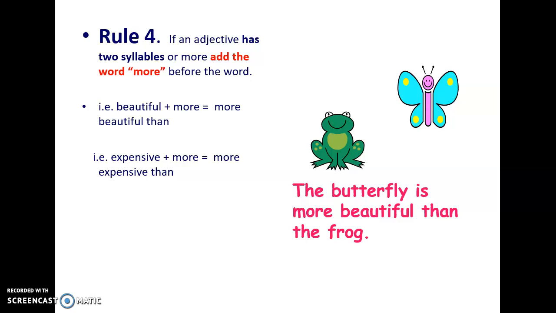La terminación ER es solamente para los adjetivos pequeños y cuando agrego more es porque tengo un adjetivo largo. ¿Ok? Que les quede bien clara esa regla. Si no entienden por qué, pregúntenme el día de la conferencia para que les pueda responder. Y ejerciten mucho esta parte de las reglas de ortografía, sobre todo cuando tengo que agregar otra consonante y cuando tengo que cambiar la Y por una I latina. Entonces sean muy cuidadosos con eso en su ejercicio.